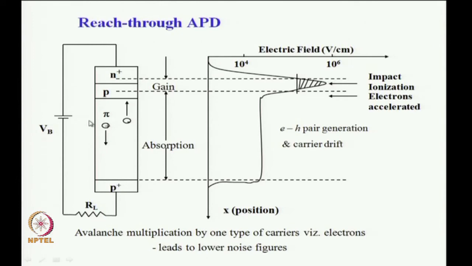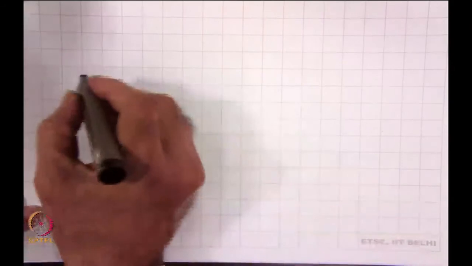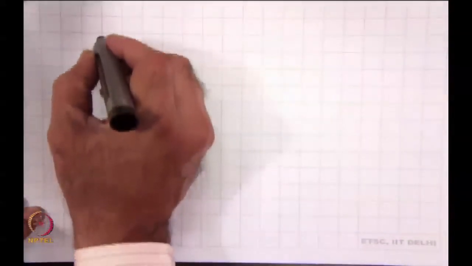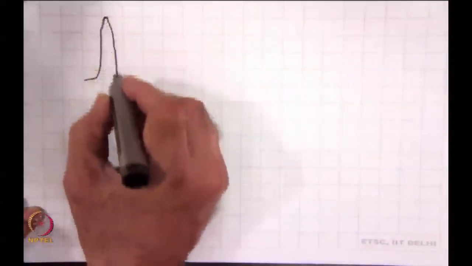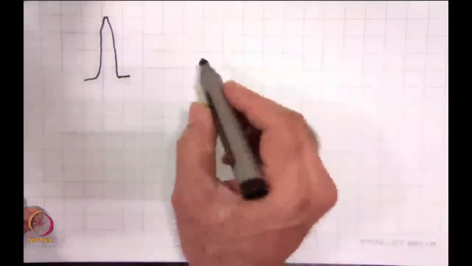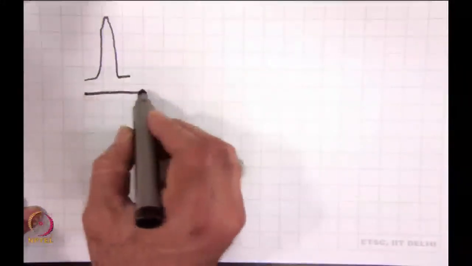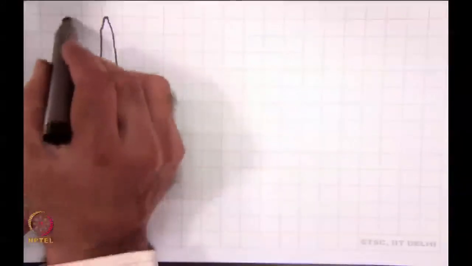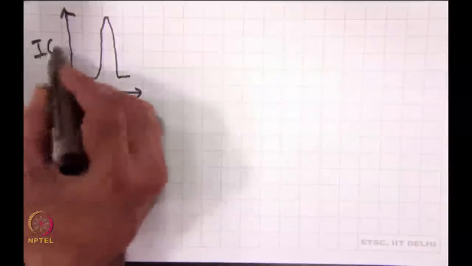So, let me illustrate what I have been saying. Let us say I have an incident pulse, an optical pulse, which is incident on the photodetector. This is the time axis and this is the light energy or intensity I of t.